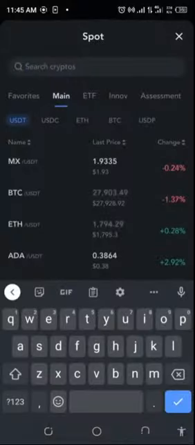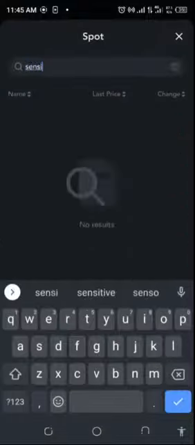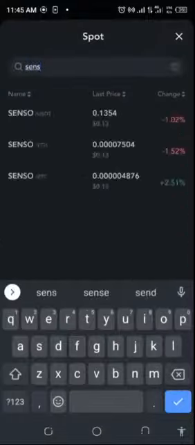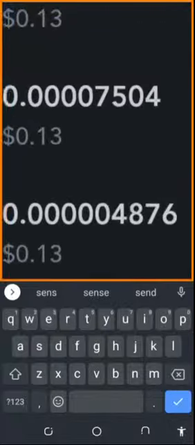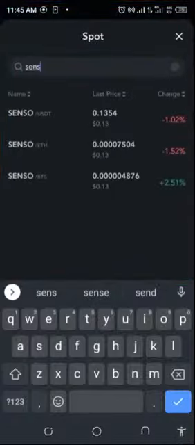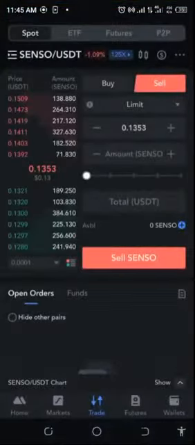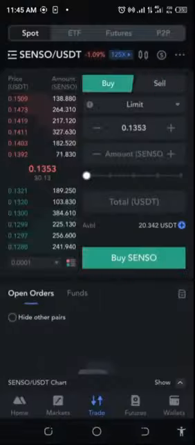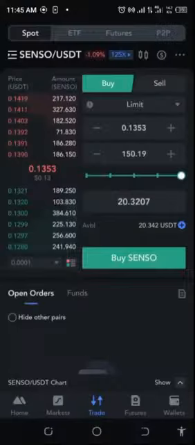So let's check on ETH. That should be Senso. Okay, Senso ETH. Well, everything still looks like it's the same price, but let me go back and try to sell to ETH. Maybe with that, I could see whether that would be a better option.